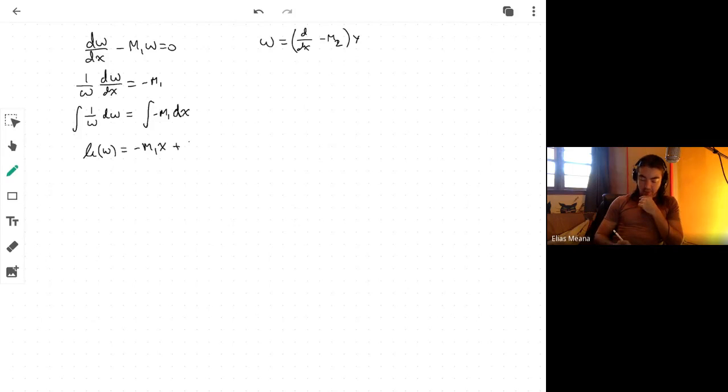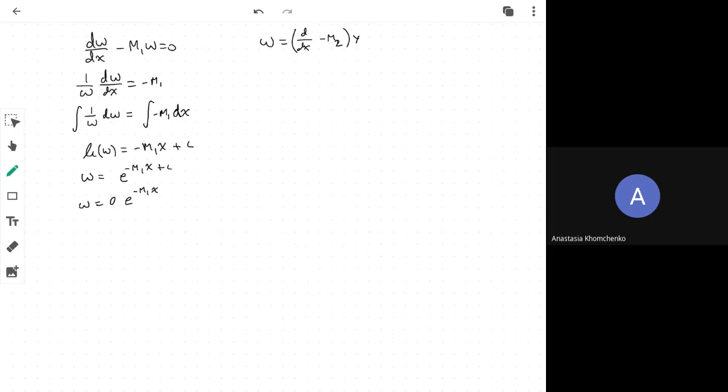And then, of course, we see that omega is just going to be e to the minus m1x plus c, which we're going to do our typical thing where we say this is the same thing as a e to the minus m1x, just like that. But here, instead of writing a big capital A, I'm going to write a lowercase a. Just because I'm confused.